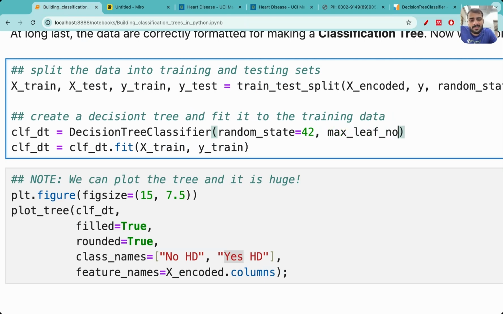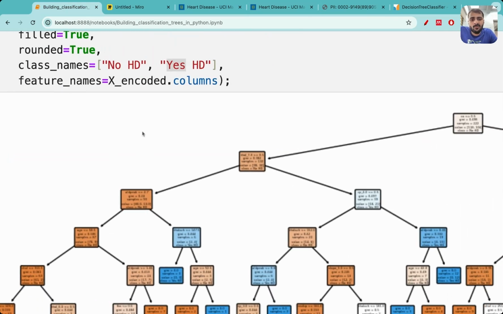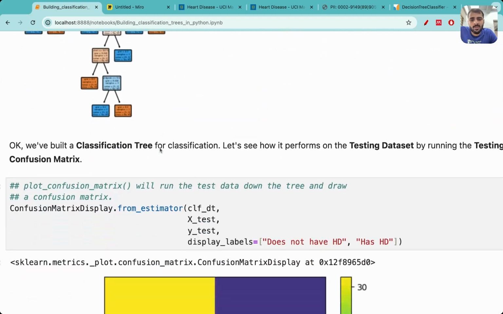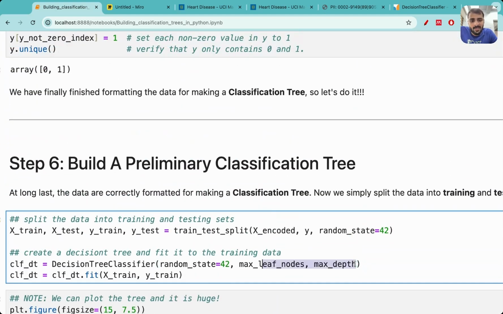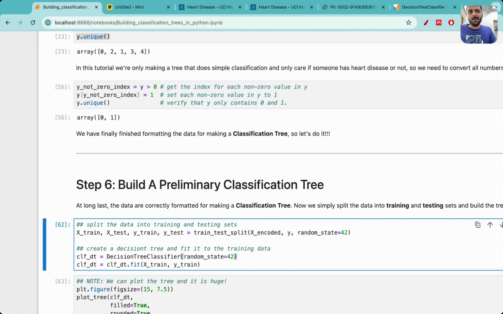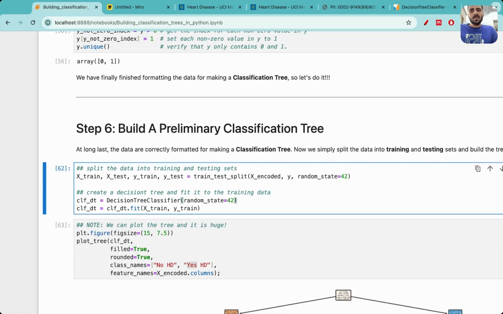You can try adding max depth, and just explore what kind of tree you get. You can visualize the tree. You can also explore the confusion matrix, etc. This will really help you in understanding the code. The best way to understand the code is to run this many times and play around with the different parameters.